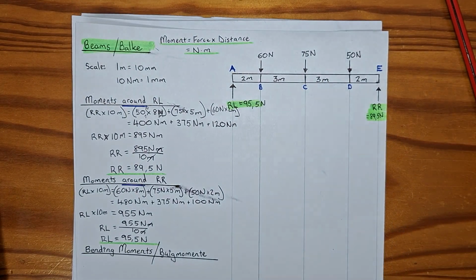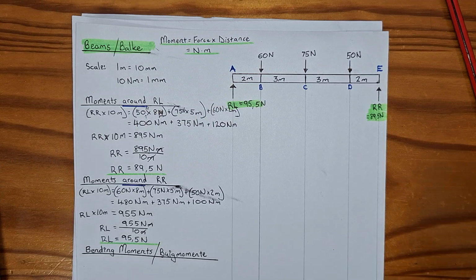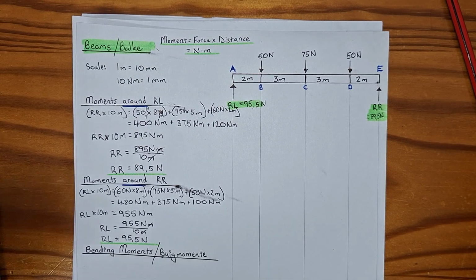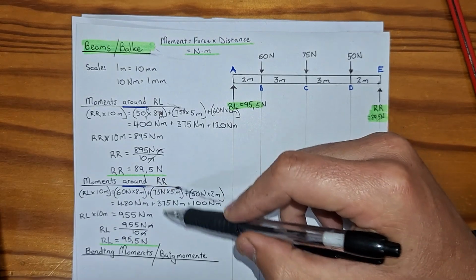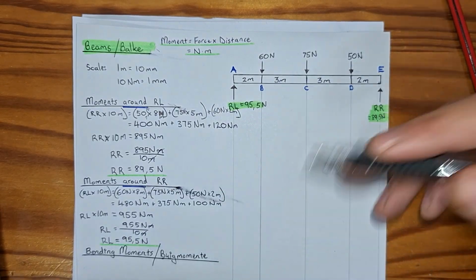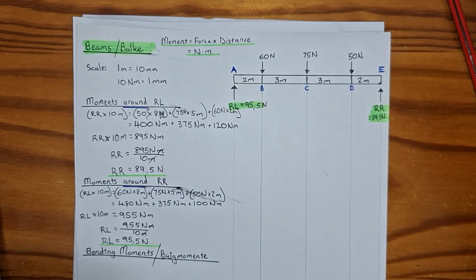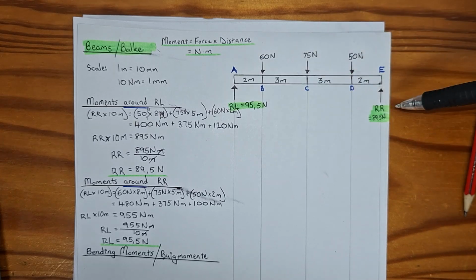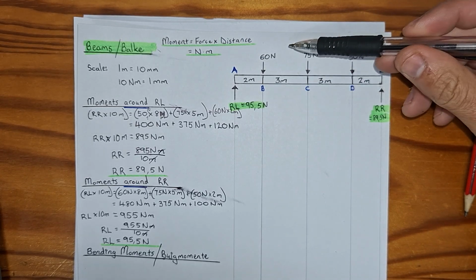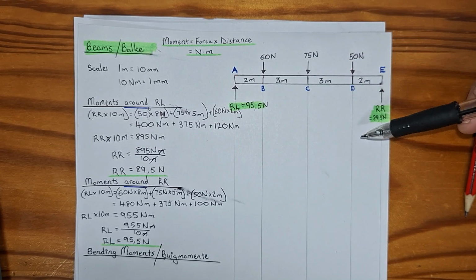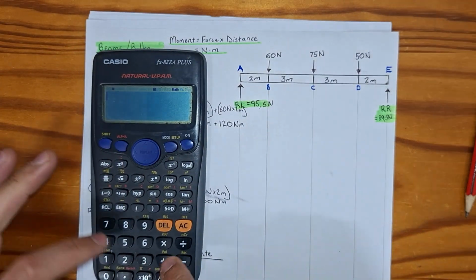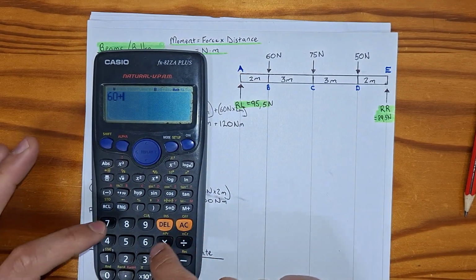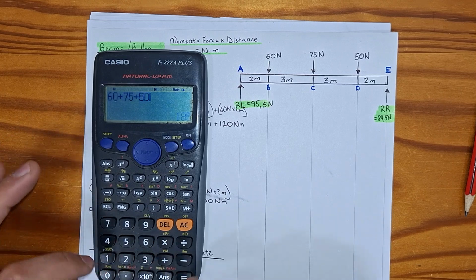Okay. Now, that's the nice part about these calculations: after you've calculated reaction left and reaction right, you can check yourself. Because remember, this beam is in equilibrium, meaning that the downward forces are equal to the upward forces. The downward forces are 60 plus 75 plus 50.